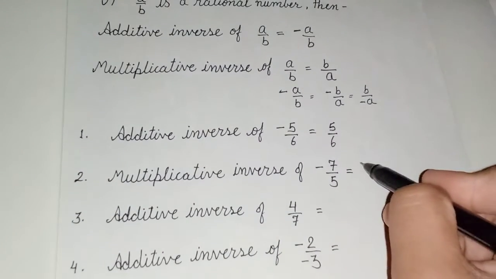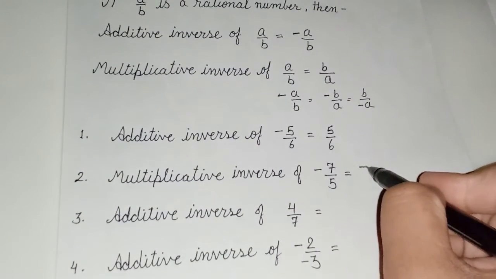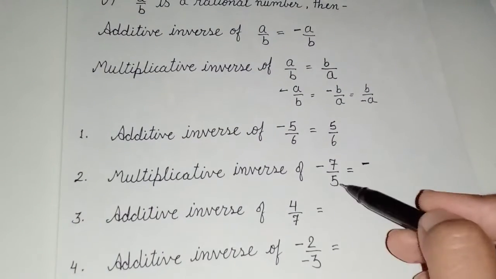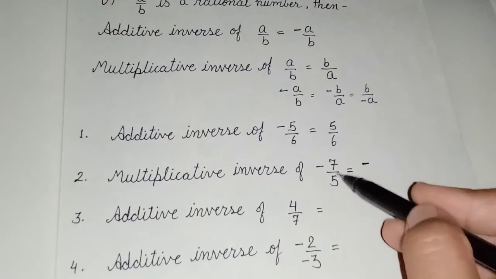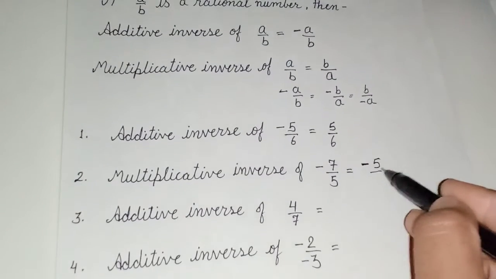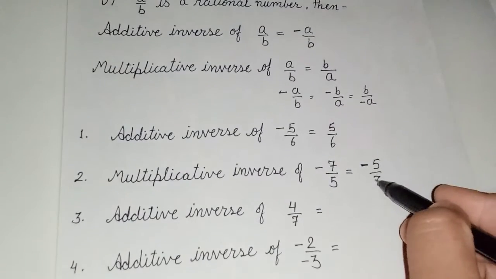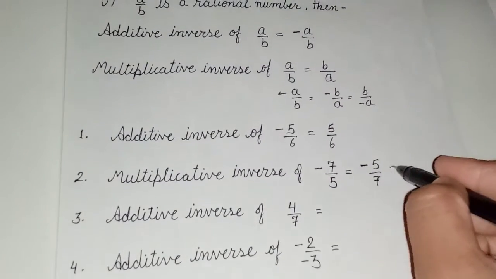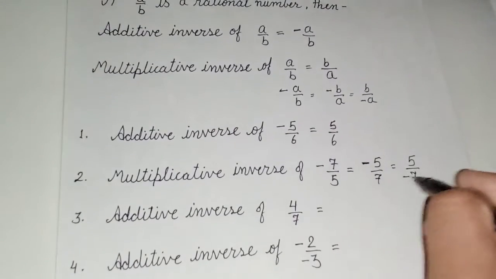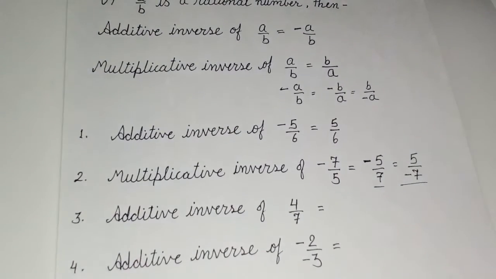So as I told you, the negative number's reciprocal will be negative only. What we have to do? Interchange of numerator and denominator. Minus 7 upon 5 will be 5 upon minus 7, and if you write it minus 5 upon 7, then also it will be correct. These both are correct. Okay.